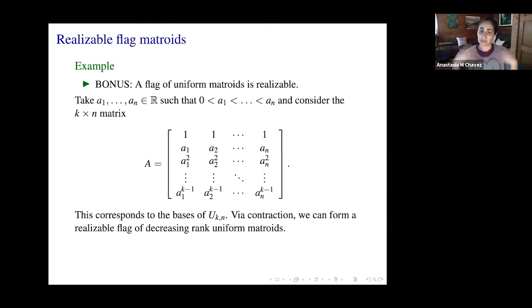So in both cases, you've got the flag of uniform matroids and the flag of vector spaces. This one's particularly nice because the truncation on this matrix is super simple. You actually have one matrix that encodes everything that you want, which is the ideal situation.